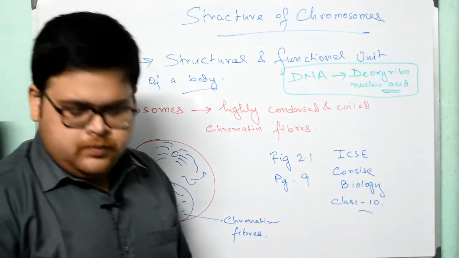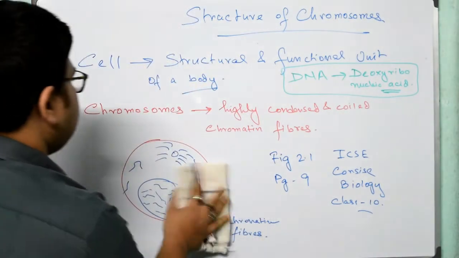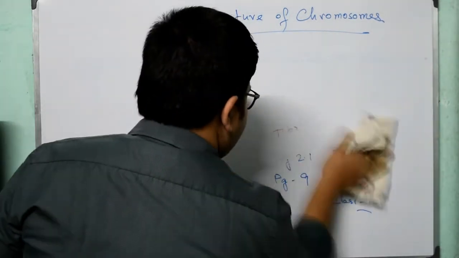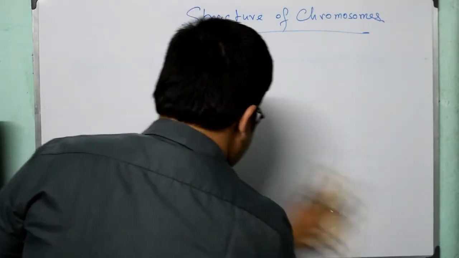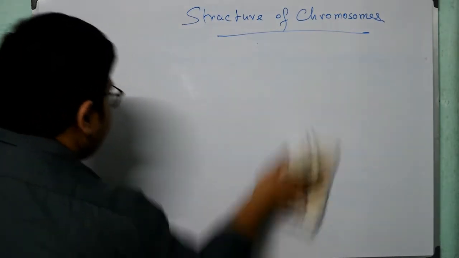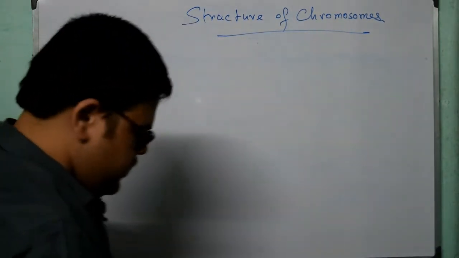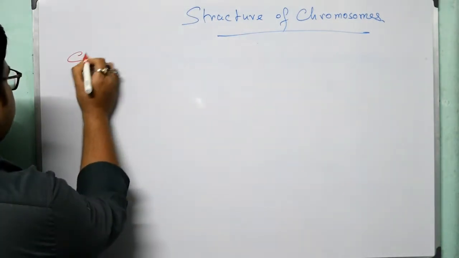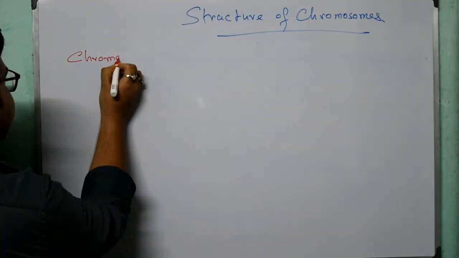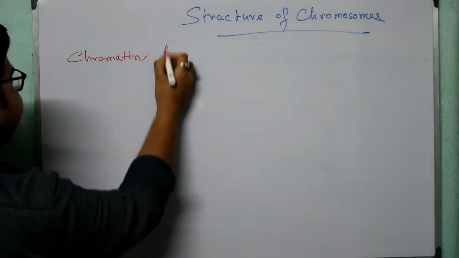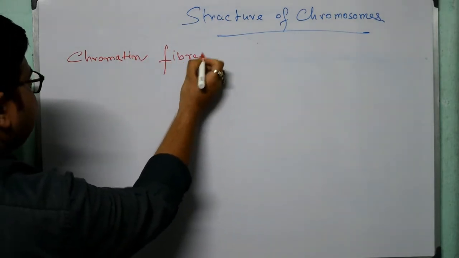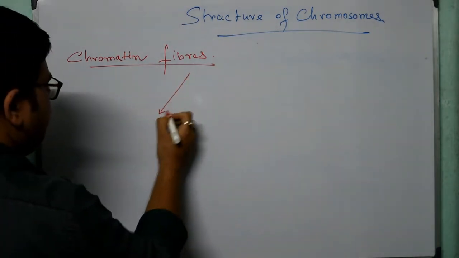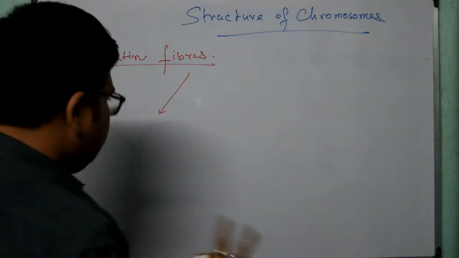But now, going on to what chromatin is made up of. Chromatin fibers are made up of two parts.